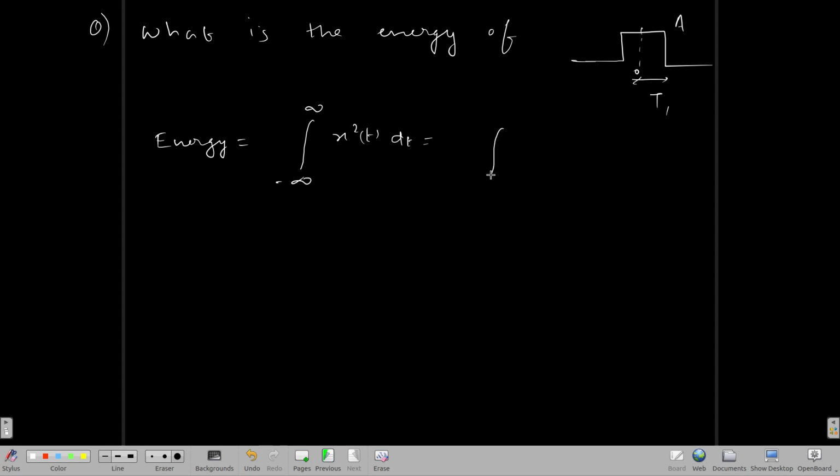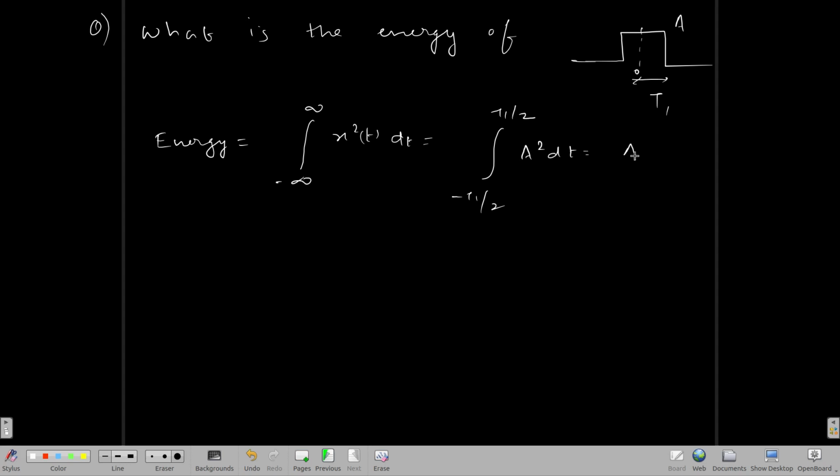Here we don't have to take minus infinity to infinity because it's a finite signal and it has value only in this area. Since the center is 0, we can assume the signal is from minus T1 by 2 to T1 by 2. So it will be the integral from minus T1 by 2 to T1 by 2 of A squared dt.